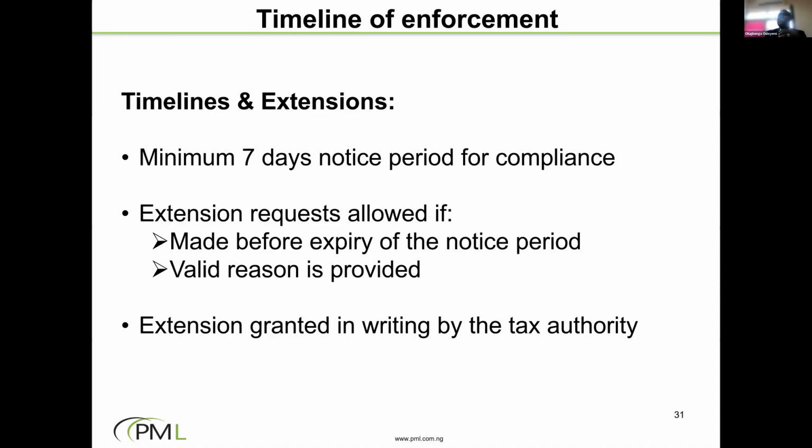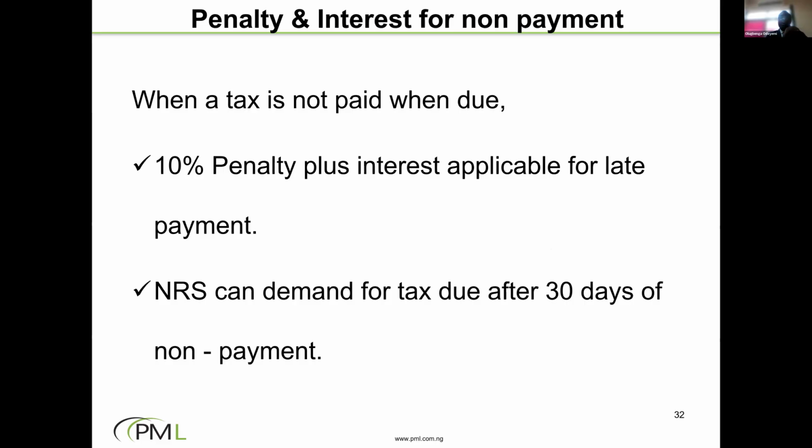Not that you just want to keep writing them. You give valid reasons why you will not be able to comply immediately as required by the law. The authority will grant you extension in writing, not verbally. They will respond to the letter you have written, and that will make it valid.